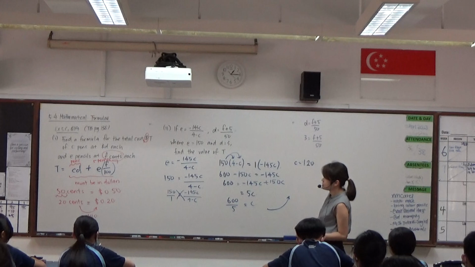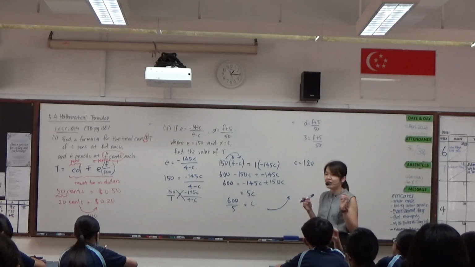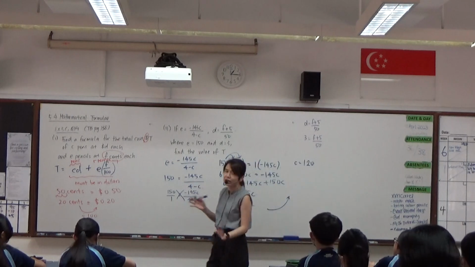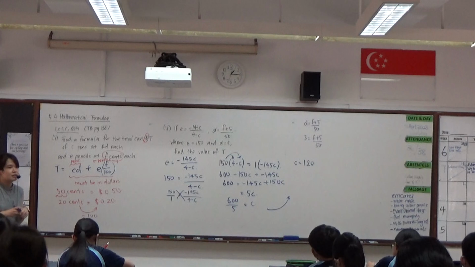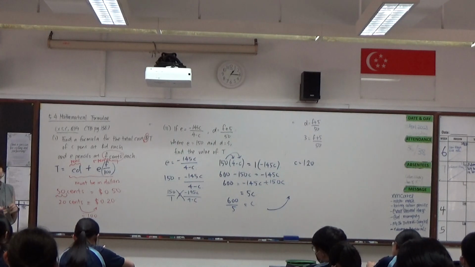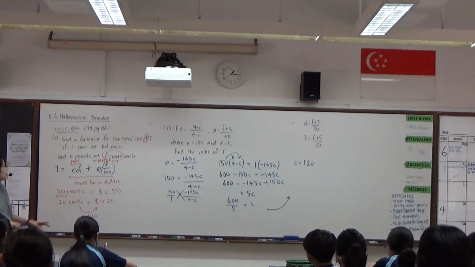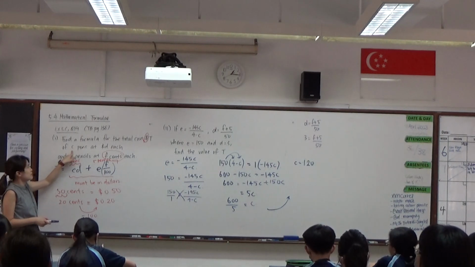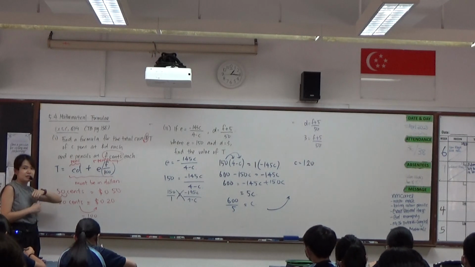It's impossible that C is negative. You know why? Can someone answer why is it that C cannot be negative, in this particular context? C represents what? Number of pairs. Can number of pairs be negative?